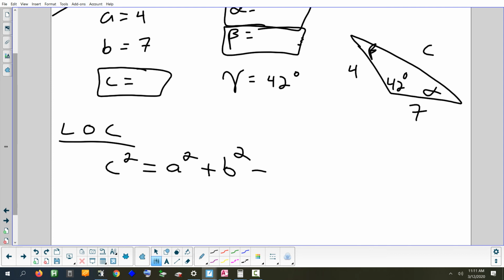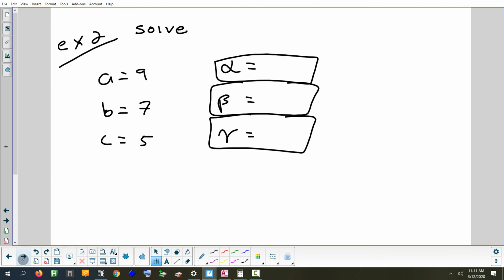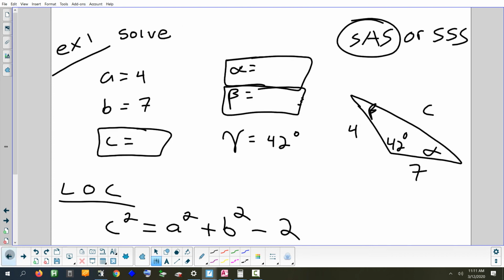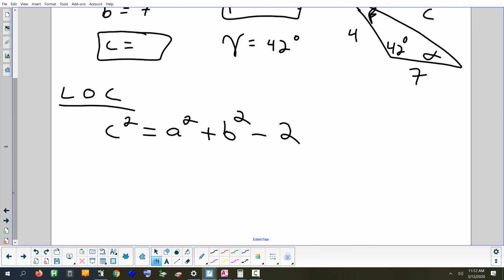And what you subtract is twice the product of the 2 sides that you just wrote down, A, B, times the cosine of the angle that's across from the letter you started with. What angle is across from C? Yes, and what's the name of that in general? Gamma.